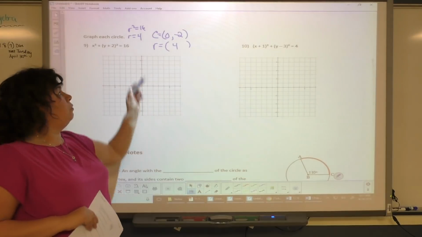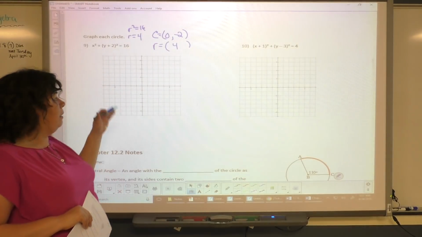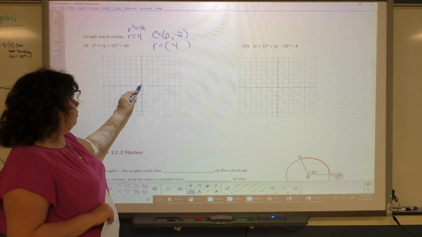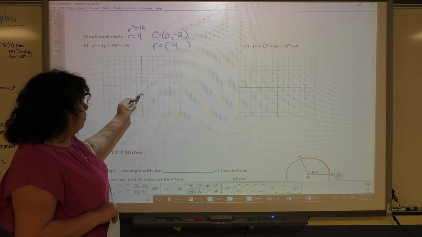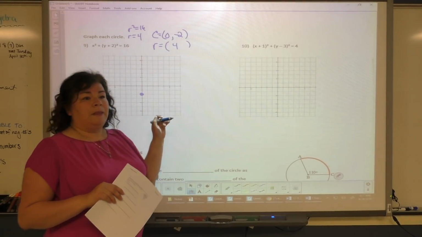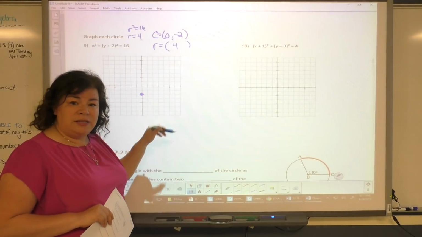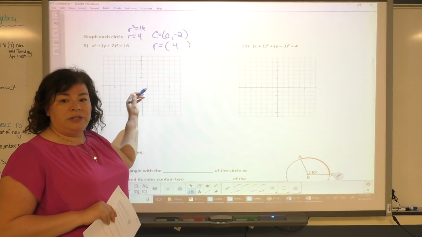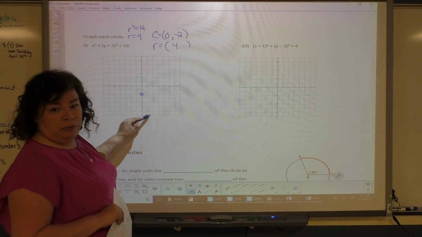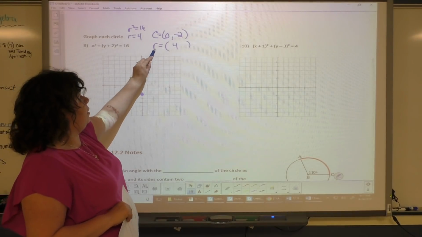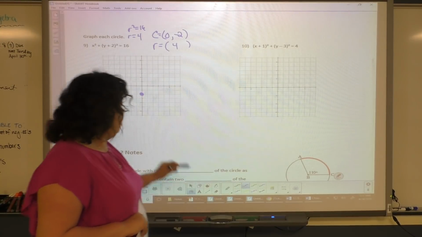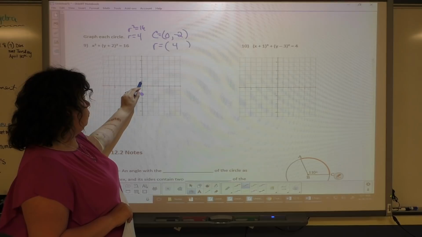So once I have the center and radius, I'm going to plot the center first: (0, −2). Now, remember, a circle is a whole set of points that are all equidistant from the center. So if my center is here and I have a radius of 4 units, from here I'm going to plot 4 units up, 1, 2, 3, 4.